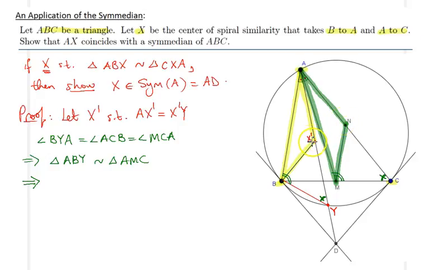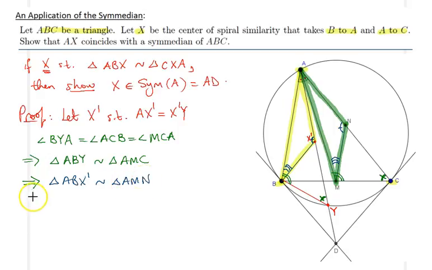Those angles are equal, so these two angles are equal obviously, and I already have those red angles equal, so therefore this angle and this angle are also equal, so we have two similar triangles. So triangle ABX prime is similar to triangle AMN.